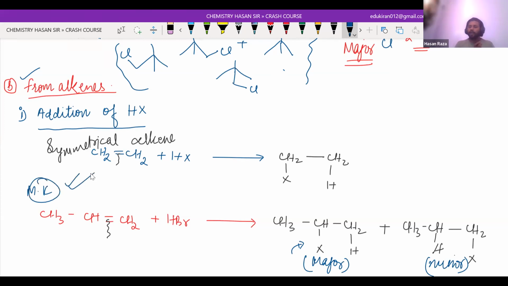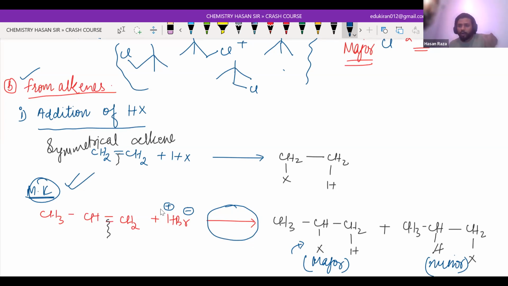How are we going to recognize it? Whenever you have an alkene reacting with HBr or HX, and there is nothing written on the arrow, that means it is Markovnikov. And Markovnikov says that, you can see, this will have negative and this will have positive. This negativity and positivity that I am writing is on the basis of electronegativity. Always keep it in mind.